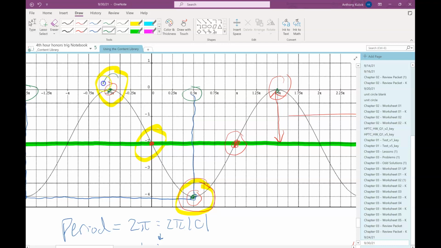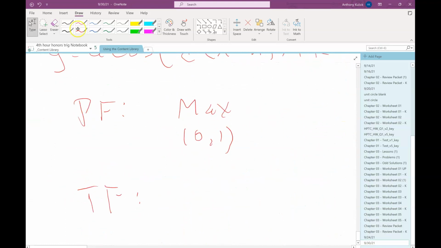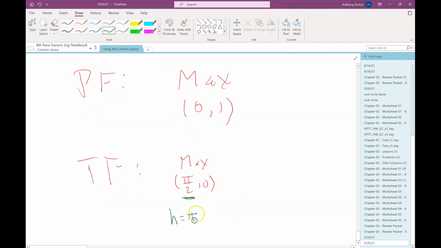For the sake of argument, say I pick this one, -pi/2, 0. That was a maximum. So my h is going to be -pi/2, and because these are both maximums, a is positive.